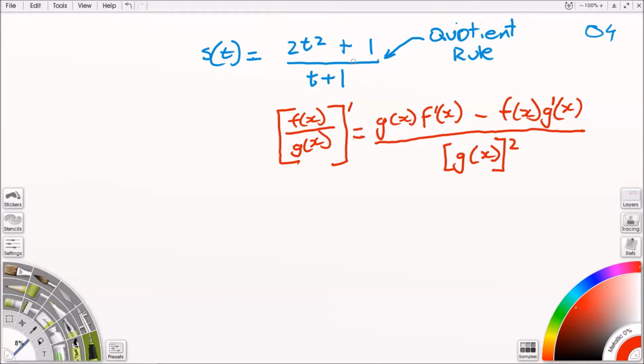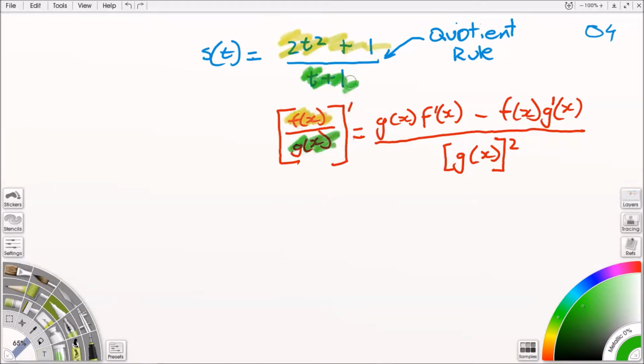So this is it here. Let me grab a highlighter, change color, let's go yellow, and make this huge. We have f of x, which is our top function, and g of x is our bottom function here.